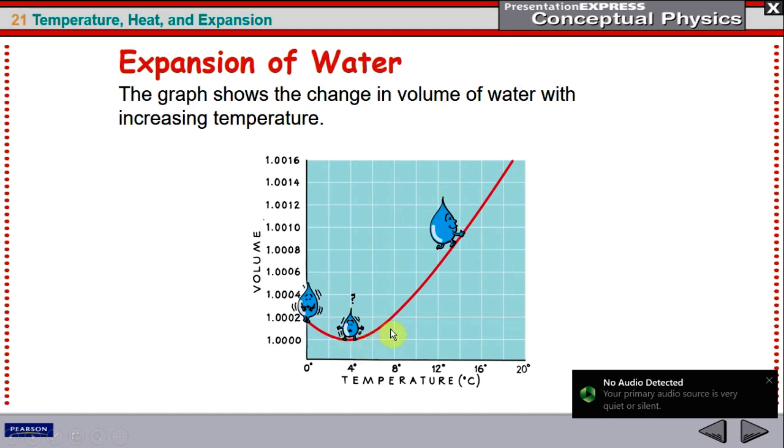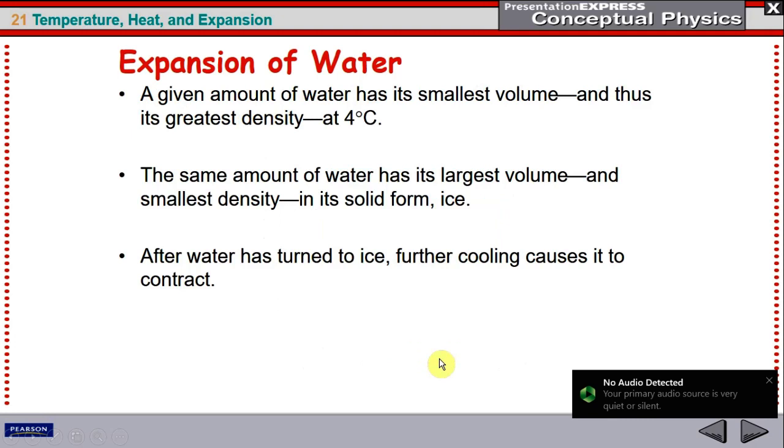After 4 degrees, the volume will expand. So this means if you have any amount of water, it will have the smallest volume at 4 degrees Celsius, which means that, if you remember about density, density will be the highest.